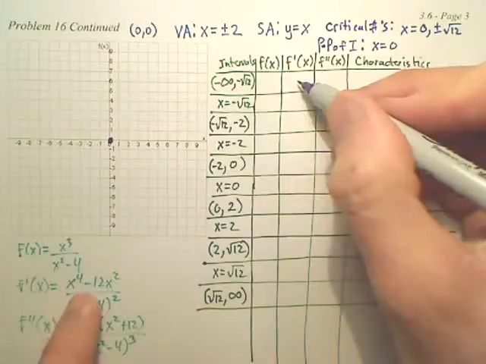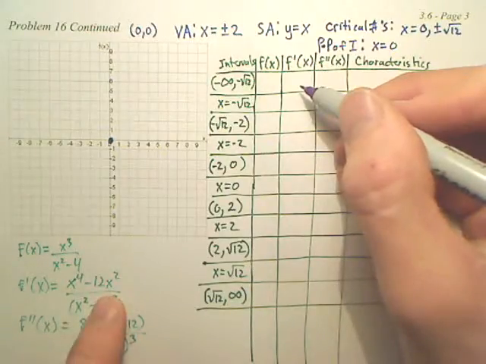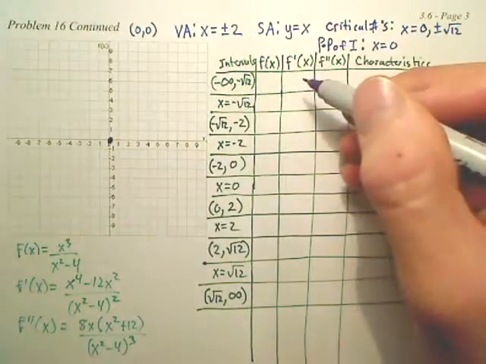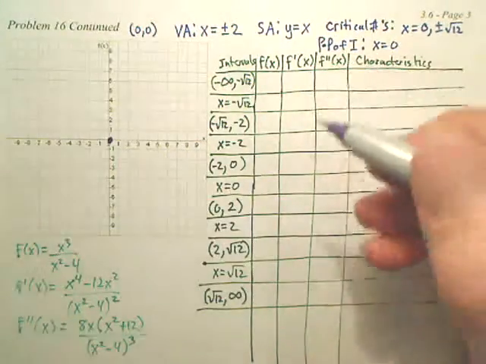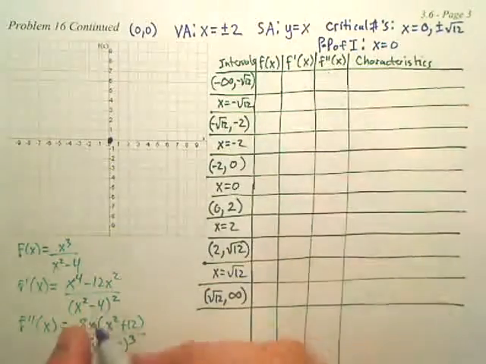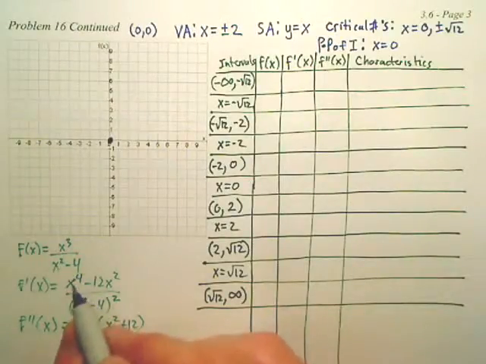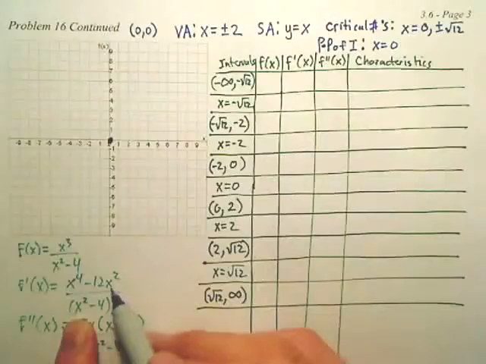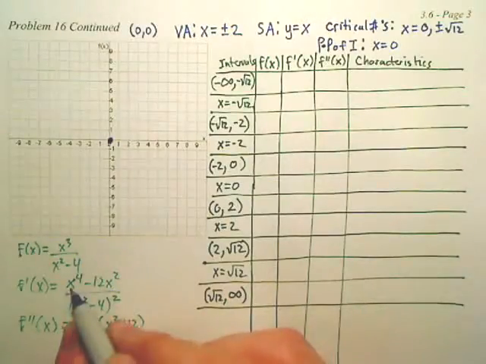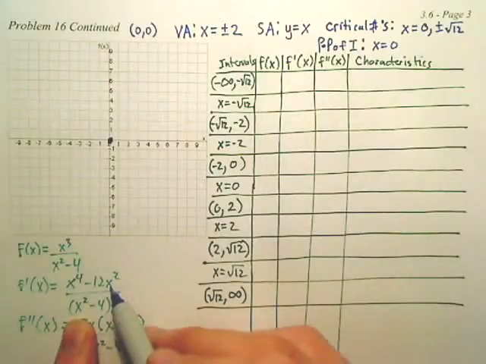When I plug negative 4 into the first derivative, look at this. What's negative 4 to the 4th? Positive. Negative 4 squared, positive. But which one? That's kind of annoying. Let's also put negative 4 down here. Is this bottom going to be positive? So the bottom's positive. The question is, when I put negative 4 here and negative 4 there, is negative 4 to the 4th or negative 12 times 16 bigger?